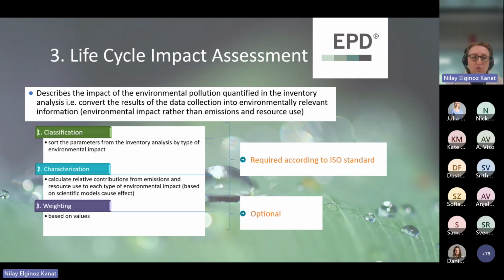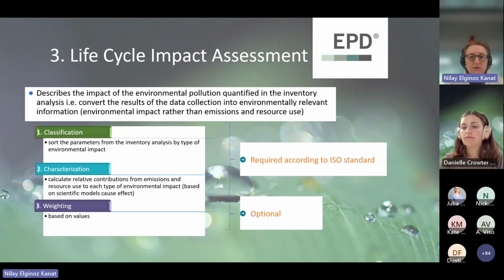And there might be a third one, because in the characterization you might choose 6 impact categories, for example, or 10 impact categories, and then it might be hard to interpret them. And according to your aim, you can choose also weighting so that you can have one value for one product, and then it might be easier for you to compare between products. This third phase is optional.